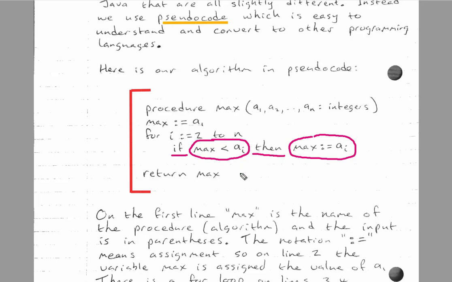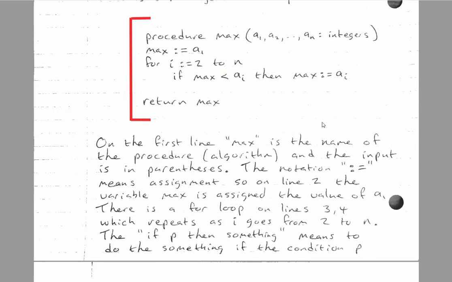So this if-then idea: if the condition is true, then do this part, but if it's false, then don't do this part. So, simple conditionals. It's explained here again.